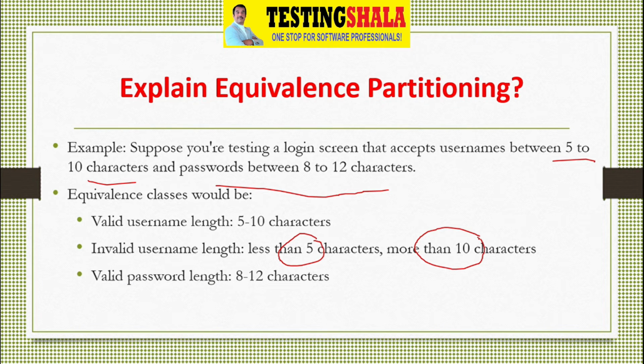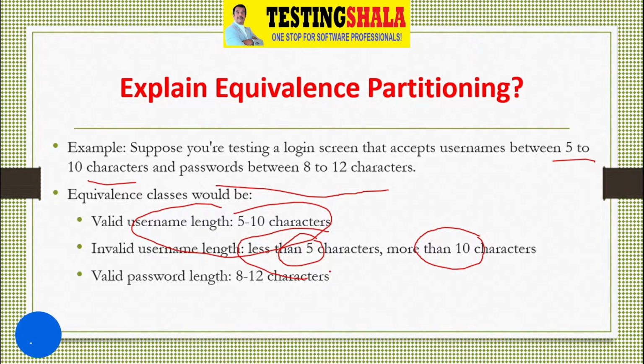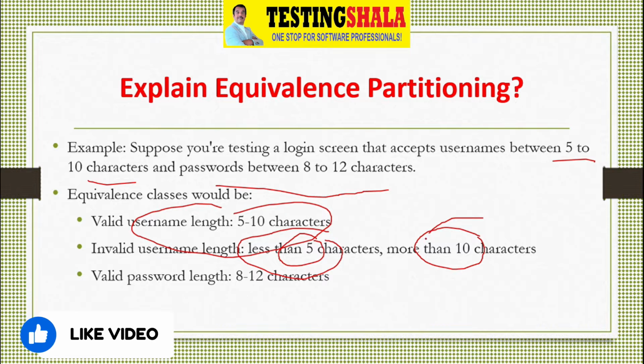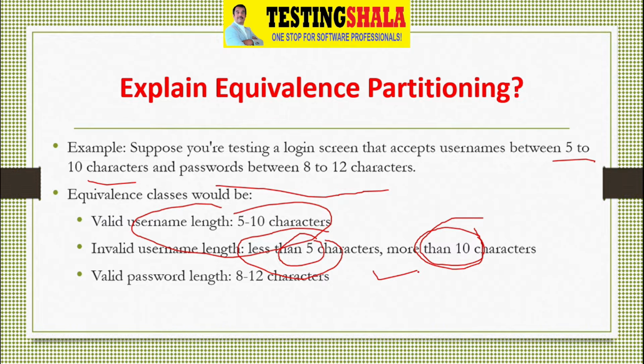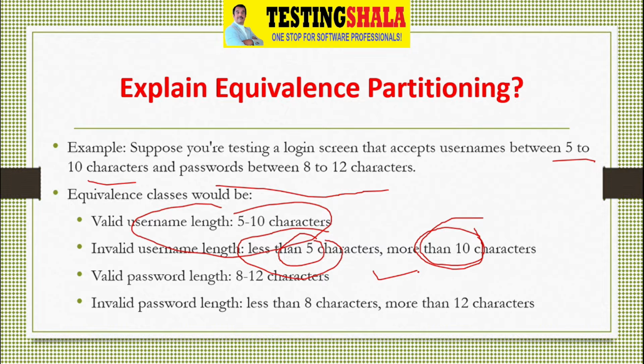In order to test that, we will use one username with 5 to 10 characters, another with fewer than 5 characters, and another with more than 10 characters. If you just execute these three test cases, we can easily find the issues. One is within the range, one is less than the range, one is more than the range.